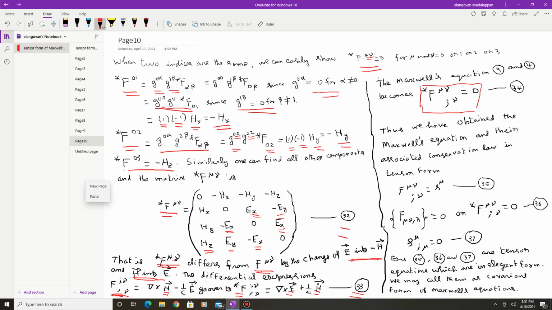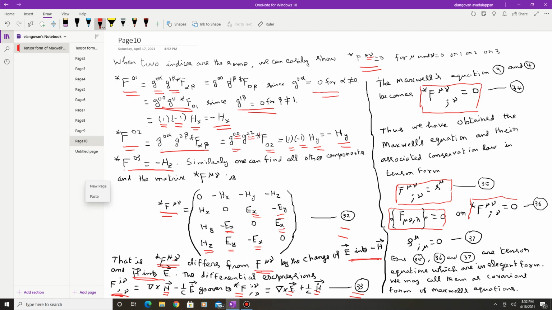If you combine all the results, this is one equation, Maxwell's equation in tensor form. This is equations 1 and 2, and 3 and 4 is either this form. So this is a tensor equation, or it can be expressed in this form also.